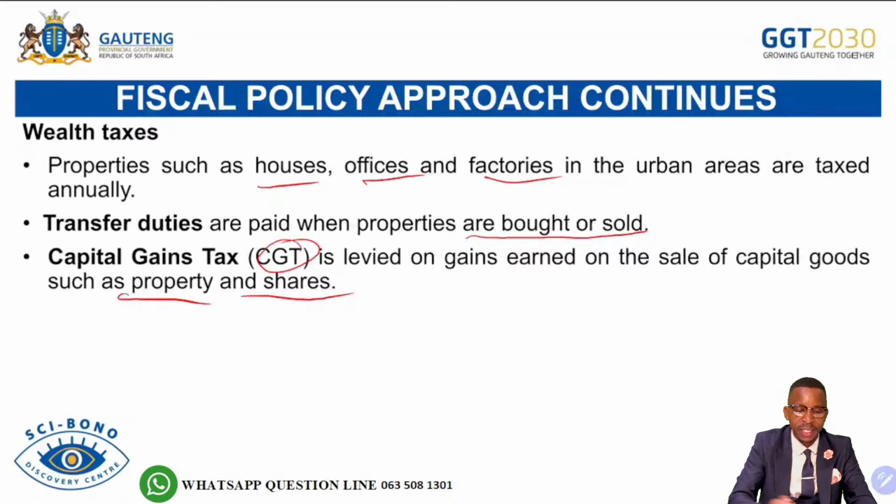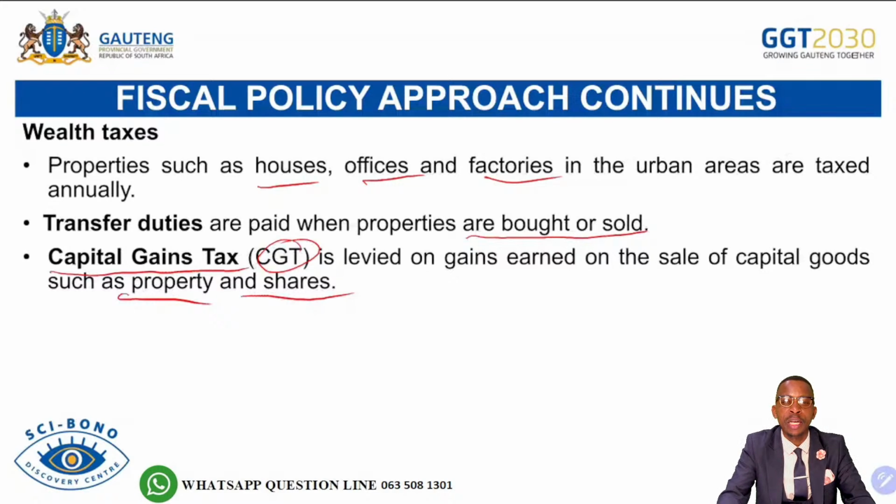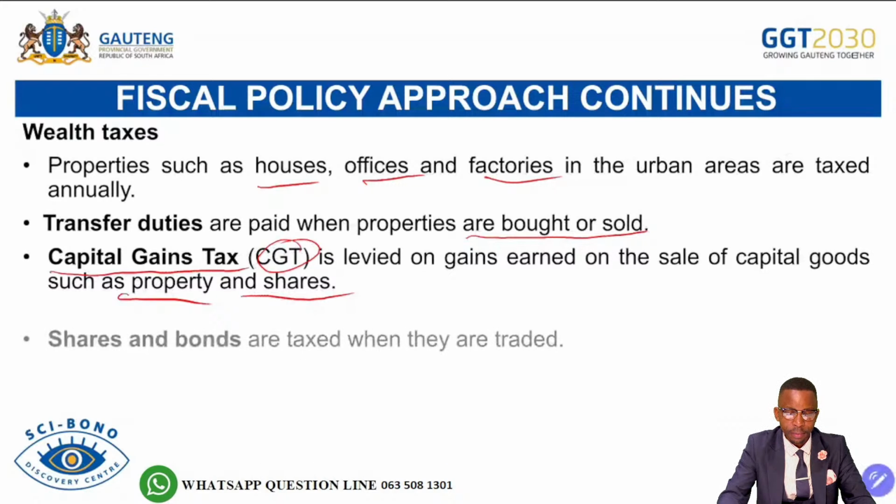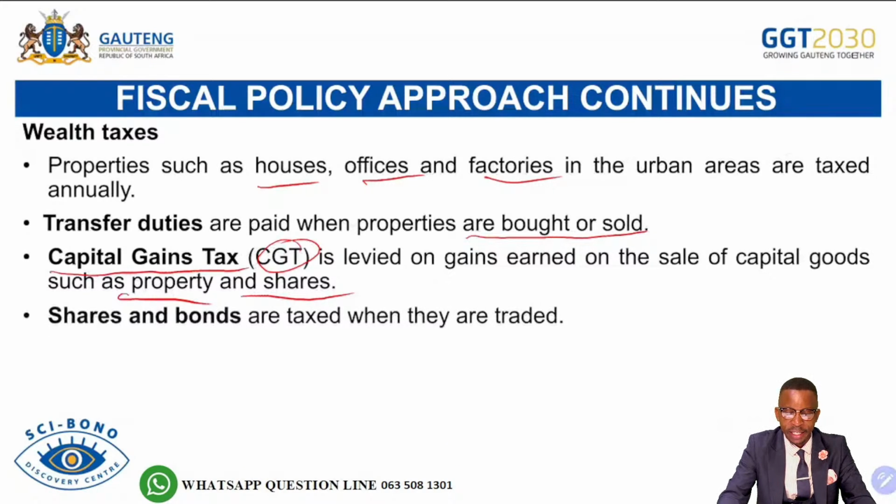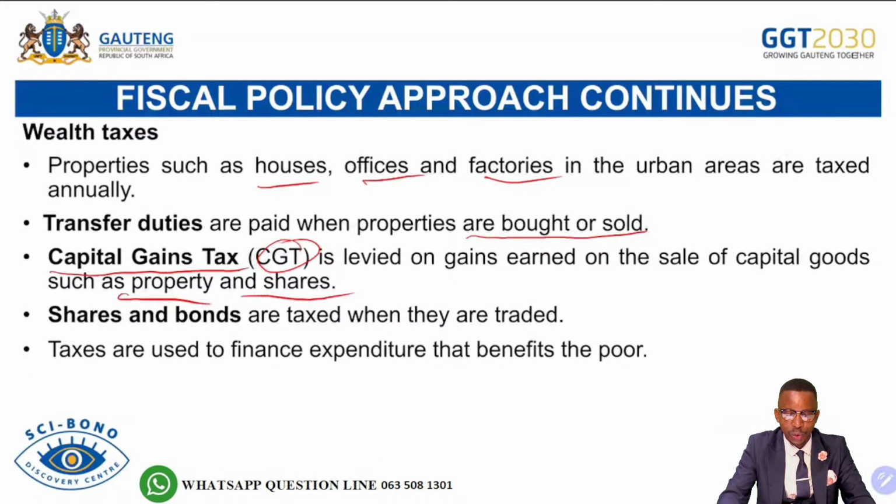So that's why we say CGT refers to the taxation levied on the sale of capital goods, such as shares and property. Shares and bonds are taxed when they are being traded. Taxes are used to finance expenditure that benefits the poor.